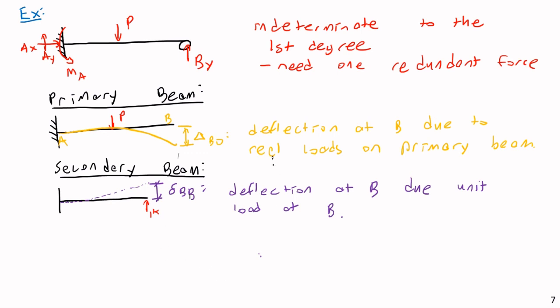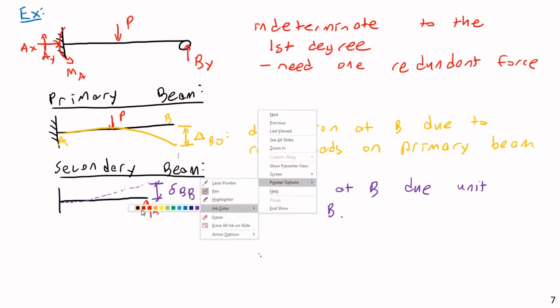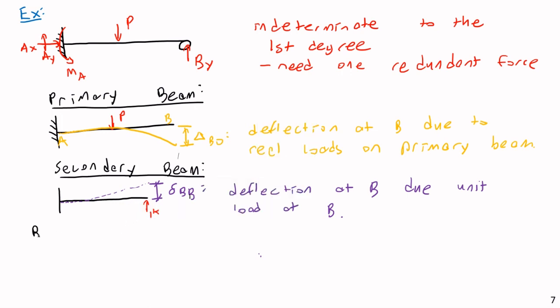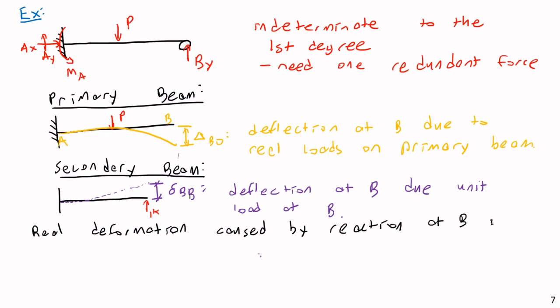So again, we can say, though, the real deformation caused by the reaction at B will not be delta BB.